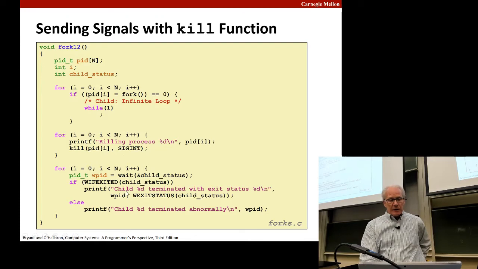Then I can go through another loop that waits for them all. What it will find is that, since these have already been killed, they'll all come back saying they were terminated abnormally. In general, with wait, there are various ways you can look at the status information and determine something about the nature of that child and how it terminated.